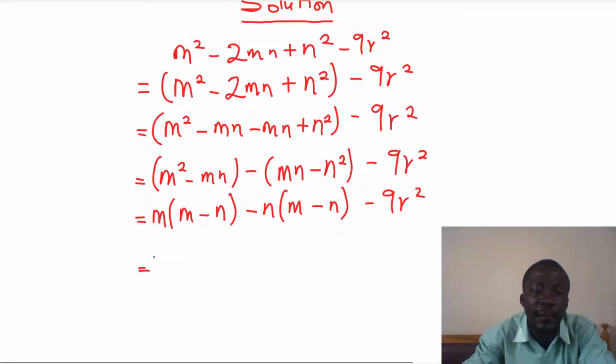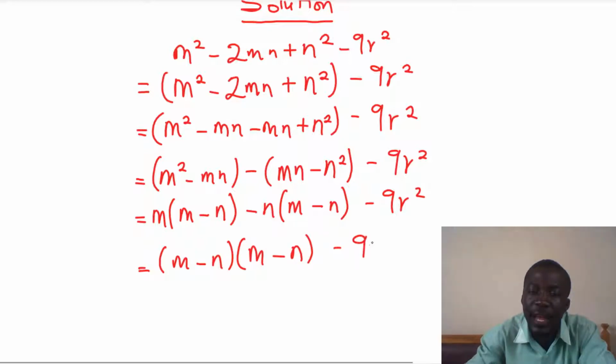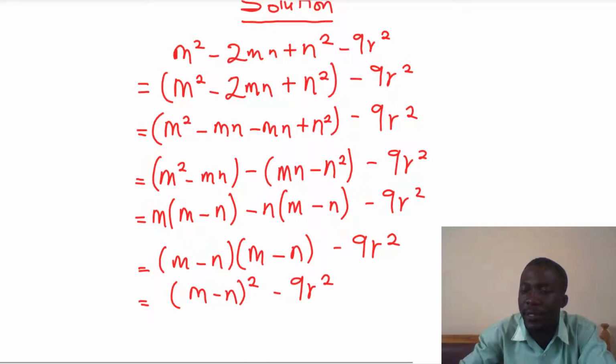Then we can factor m minus n out, where we will get m here, then m minus n goes into m minus n, we'll be left with n. Then we'll have our negative 9r squared. m minus n multiplying m minus n, we are going to get m minus n in brackets, then all square minus 9r squared. It is getting great.